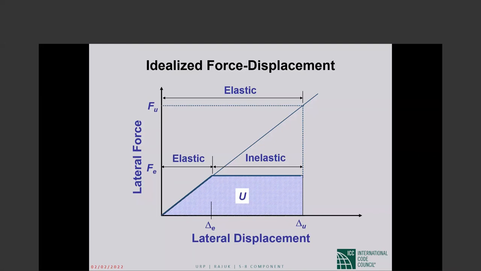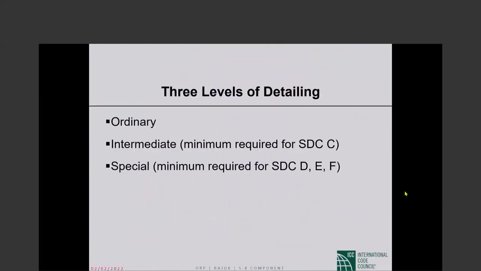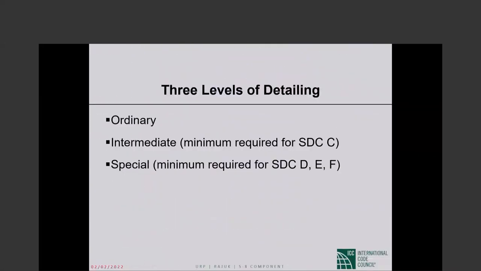Okay, so in our codes, there are three recognized levels of detailing: ordinary, intermediate, special. Special is what I was calling fancy detailing. Ordinary is what you will do where there is no appreciable seismic risk. Intermediate is something in between. Okay? So ordinary, intermediate, special.